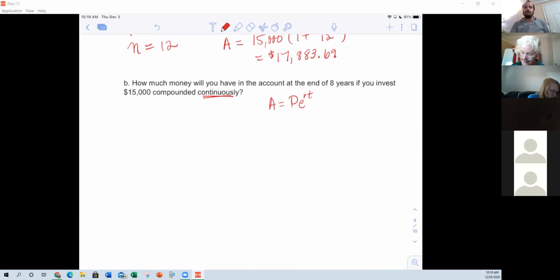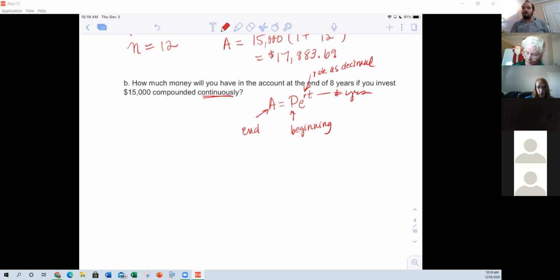So in this case, again, this is our beginning amount. This is our ending amount. Interest rate as a decimal. And the number of years. Okay, so it's the same problem.